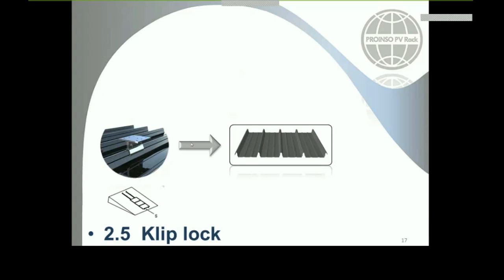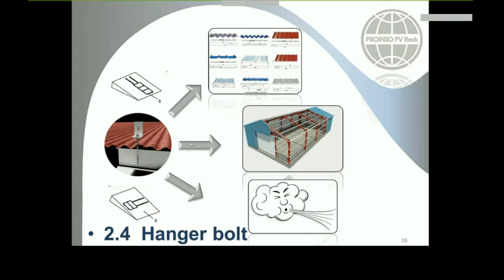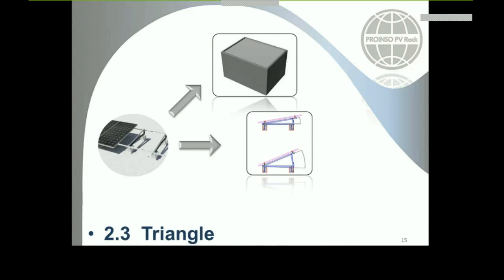Just one more question back on the ballast. Is there a guideline on calculating the ballast requirements? It's complicated to say, because the ballast requirement is directly linked to the loads that we will have.